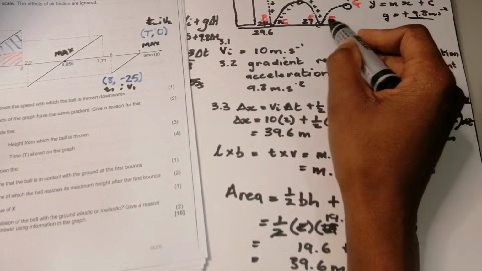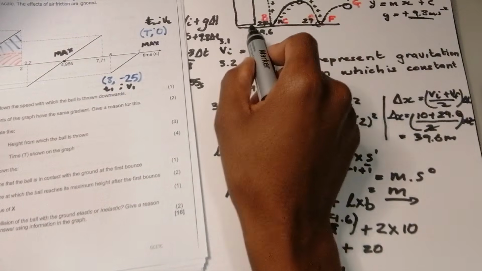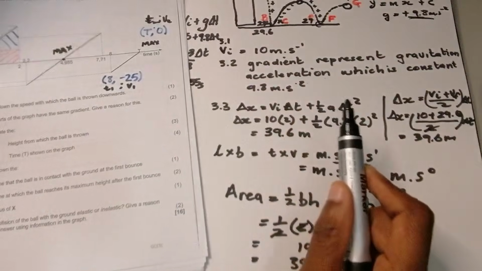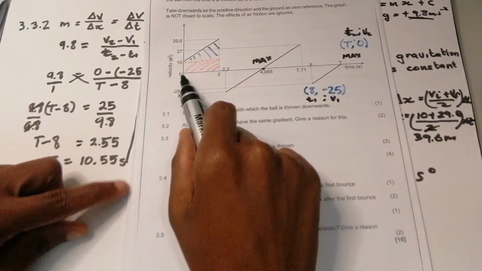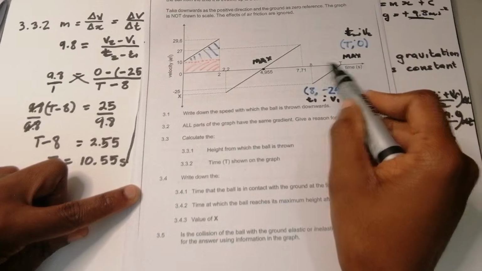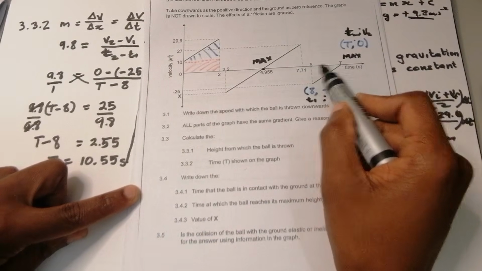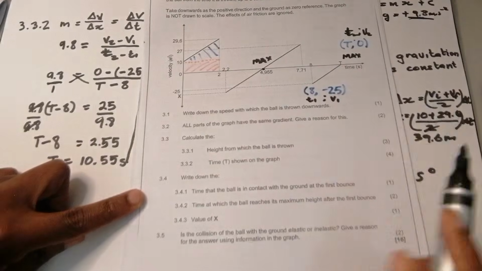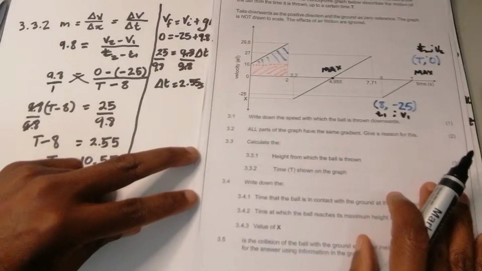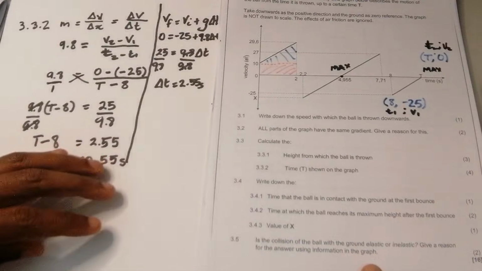So that's not what we're looking for. We're looking at how long it took from the moment it was thrown up until this point here. So if you said this is 2.55, it wouldn't make sense because that time there is 8 seconds, unless you can move back in time, which I hope we could, but that is not possible. Okay, so I hope that makes sense, right?